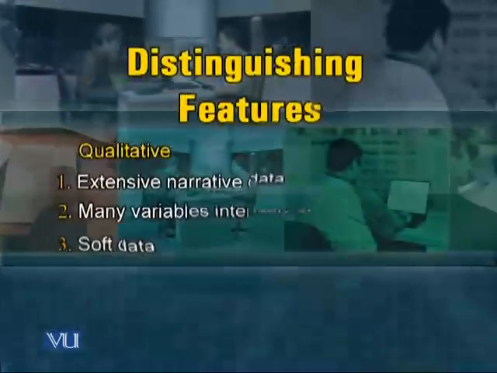And those variables, again, they have to be narrated and explained. To groom up the personality of a person, to make him a well-rounded personality, there are 101 variables that we have to discuss and that we have to take into consideration, and it's all explanation and narration and description and text. So this is the second significant feature of the quality research.